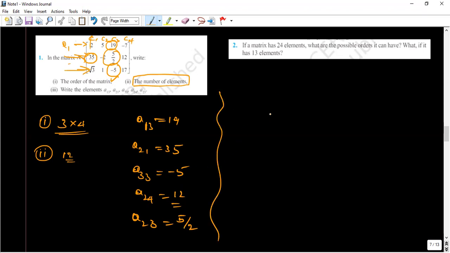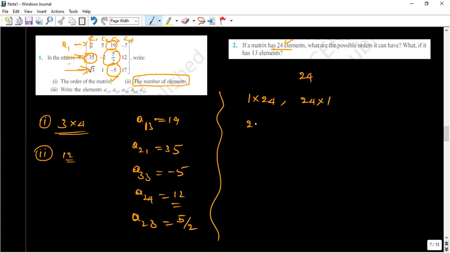Okay, this is one question. They are asking another one. If a matrix has 24 elements, what are the possible orders it can have? What if it has 13 elements? There are a total of 24 elements in a matrix. What are the possibilities? I can create a 1 by 24 matrix and a 24 by 1 matrix also.